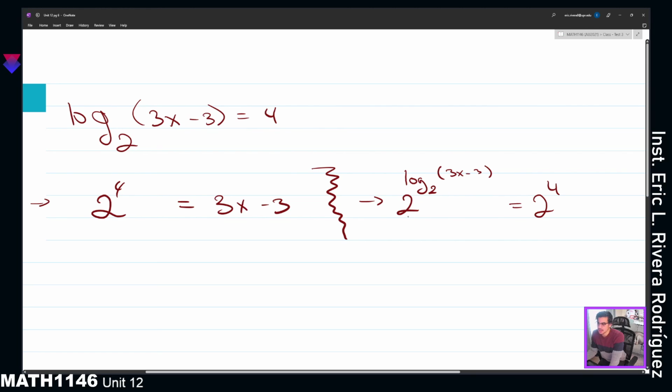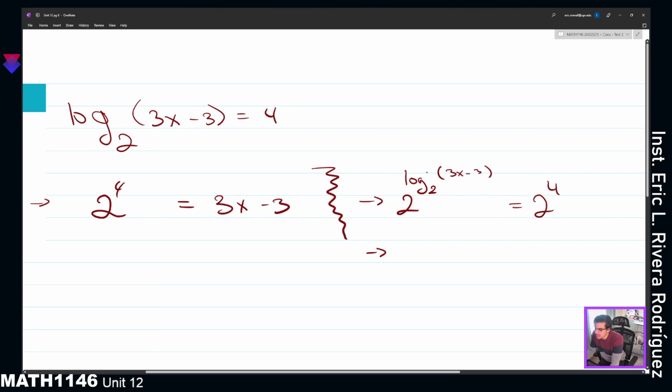If you do not like using that question and you want to work more algebraically, well, take both sides of the equation and use them as exponents of an exponential expression. Here I will choose the base of my exponential expression the same as I have in the logarithmic function. Why do I do that?